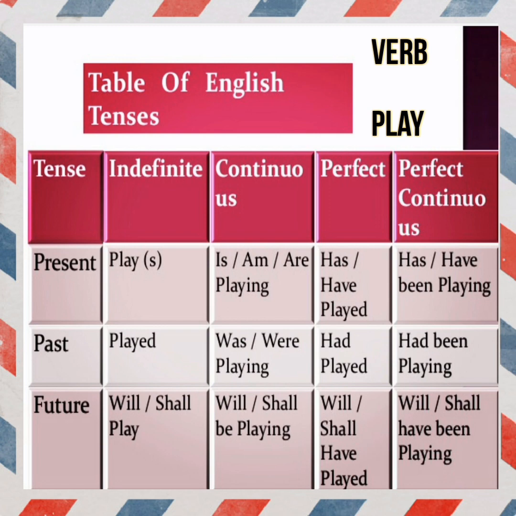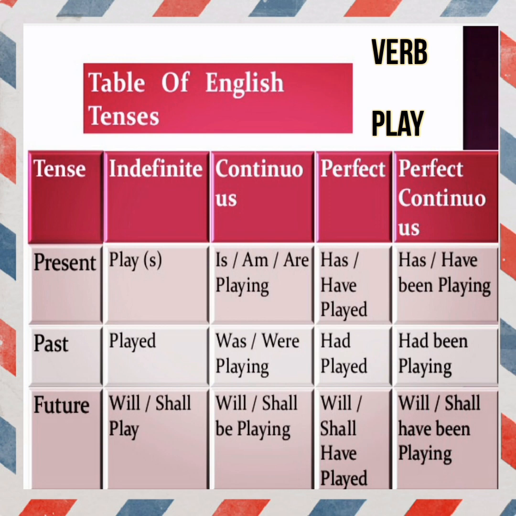Similarly for past tense, simple past: "played." Past continuous, instead of am, is or are, we have to use was or were, then verb plus ing. Past perfect: "had played." Then past perfect continuous: "had been playing."